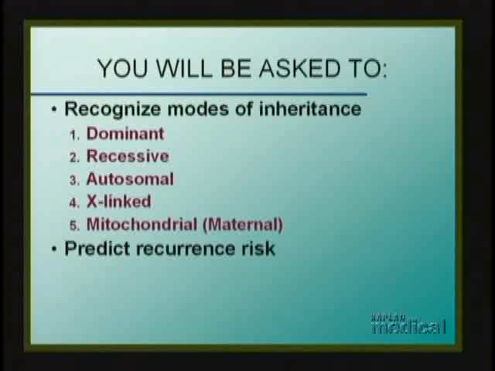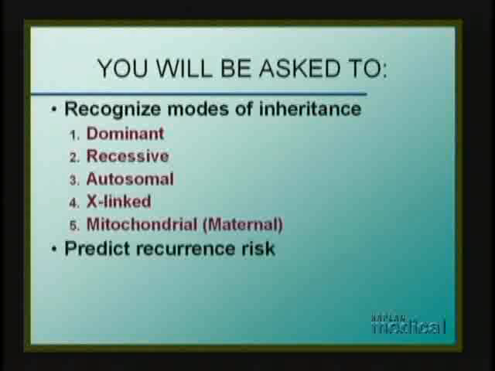A second major thing that you will be asked to do on your exam with pedigrees is to predict the recurrence risk. That means on your exam they will show you a pedigree, or in words will describe a family, and they will say that the mother, the wife, is pregnant, and they will ask you to make a statistical prediction about the child.